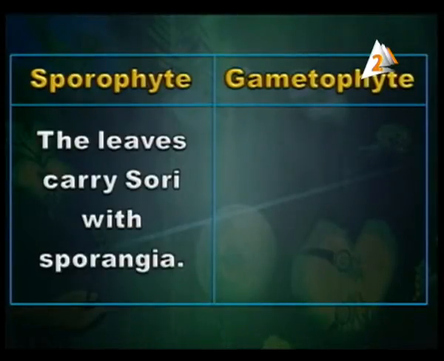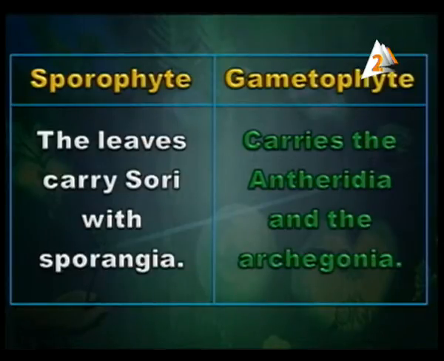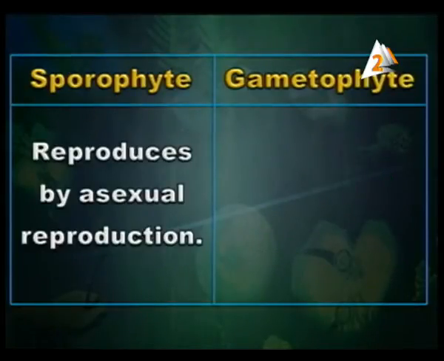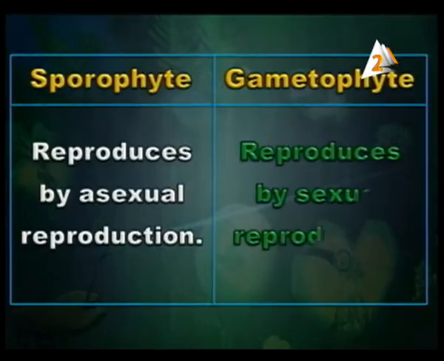The sporophyte's leaves carry sori with sporangia, while the gametophyte carries the antheridia and archegonia. The sporophyte reproduces by asexual reproduction, while the gametophyte reproduces by sexual reproduction. So the sporophytes and the gametophytes are differentiated from each other.